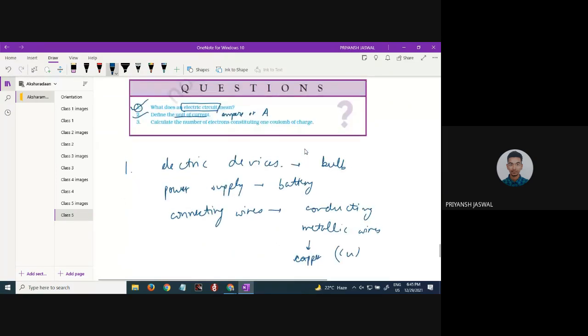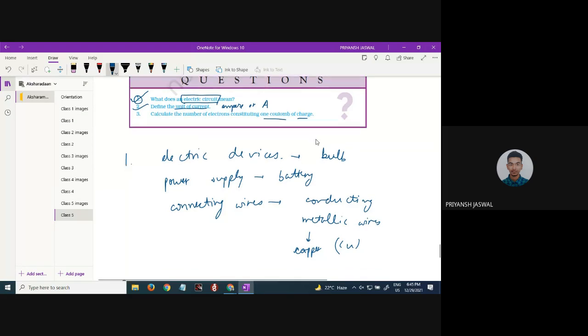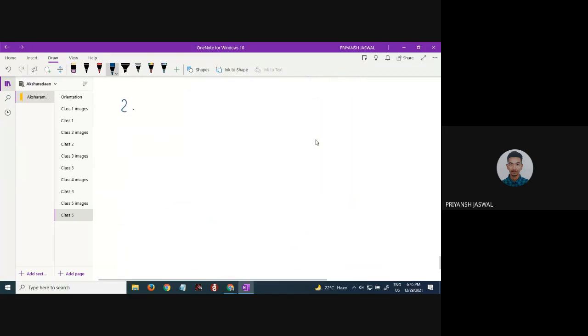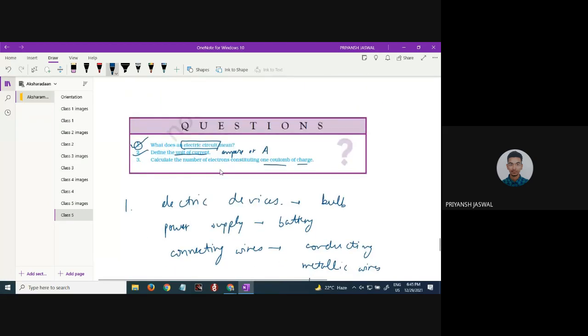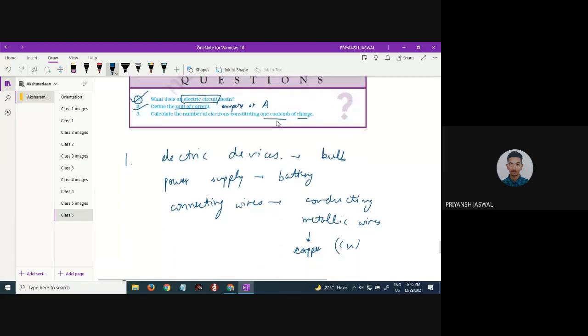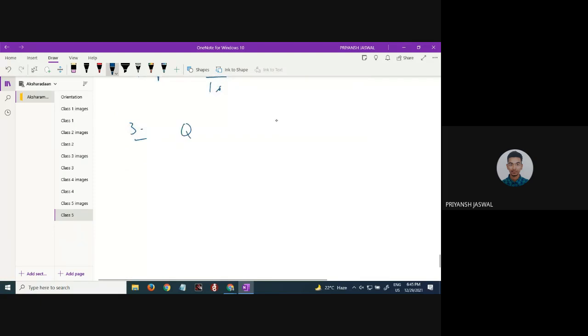Third question is, calculate the number of electrons constituting 1 coulomb of charge. So we are given in the third question the charge is equal to 1 coulomb, and they have asked the number of electrons constituting this much charge.